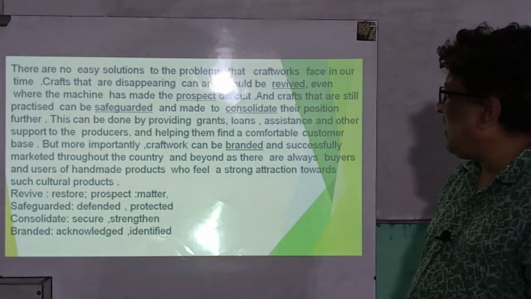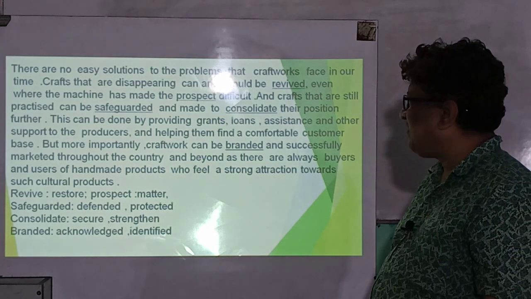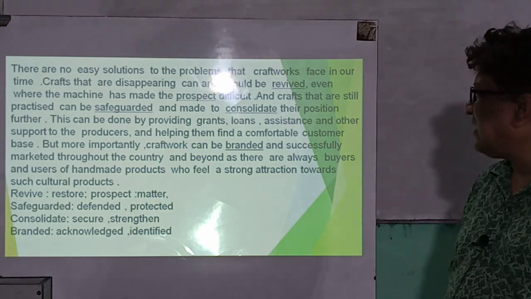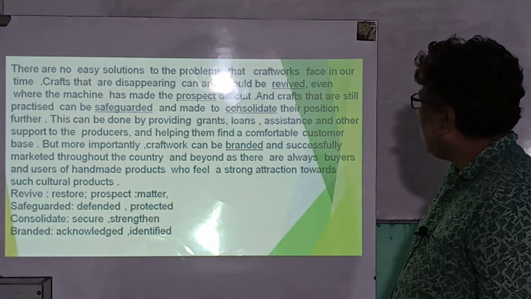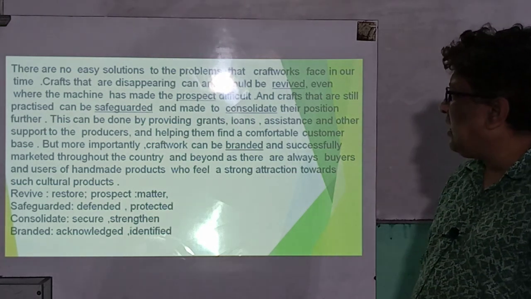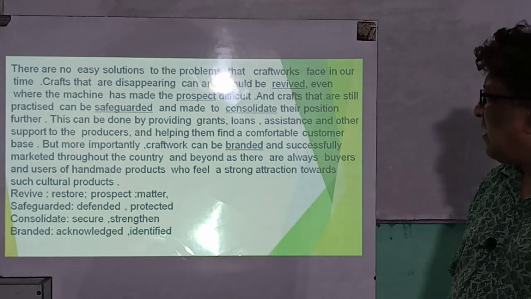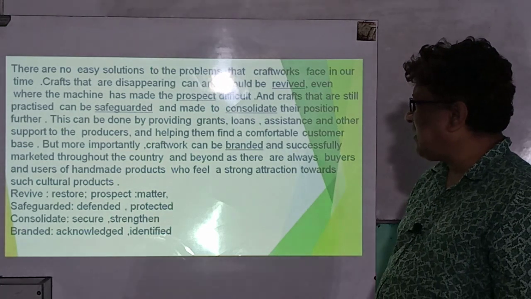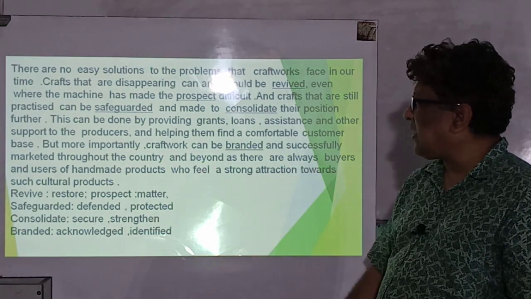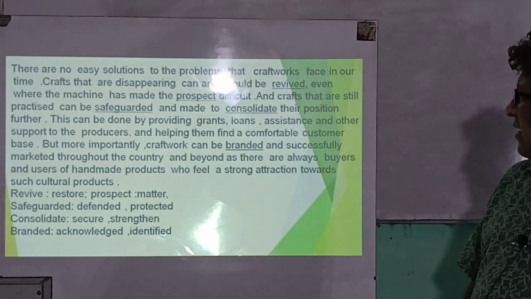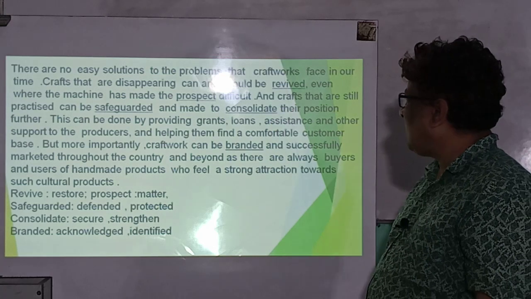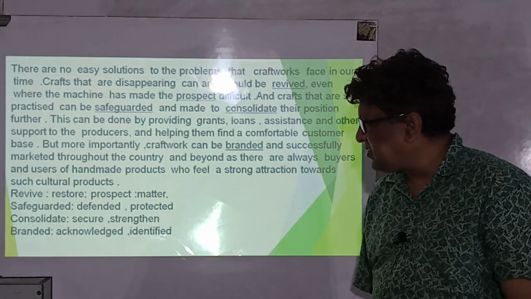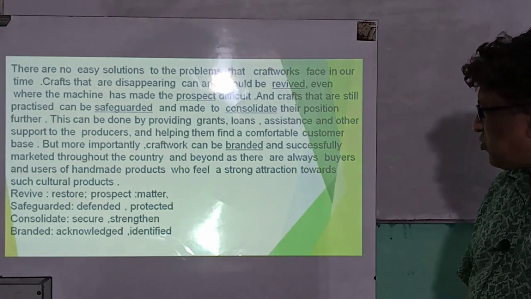Even where the machine has made the prospect difficult. Prospect means here the matter, the issue. And crafts that are still practiced can be safeguarded. Safeguarded means defended, protected, shielded, and can be made to consolidate their position. Consolidate means secure, strengthen.